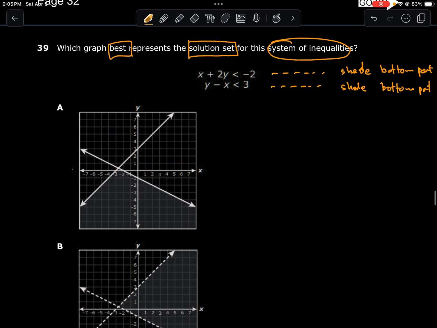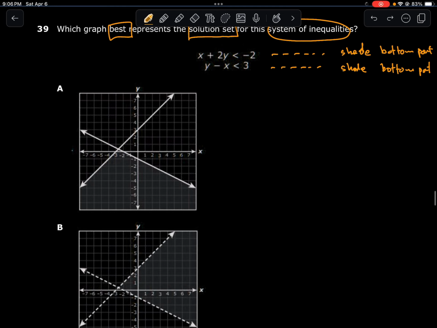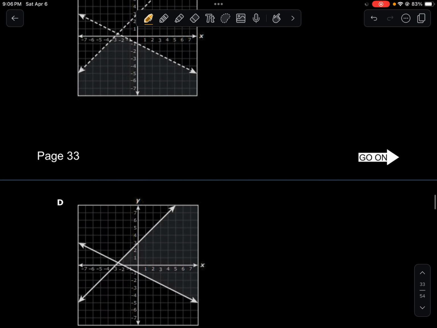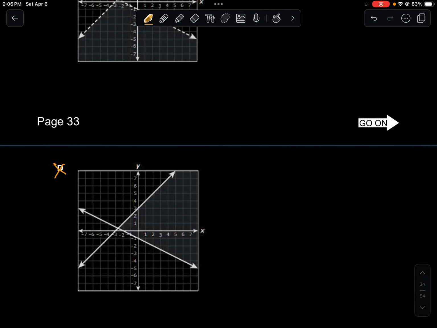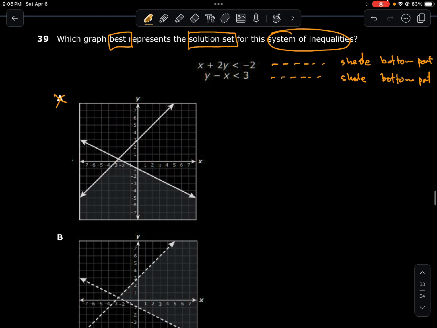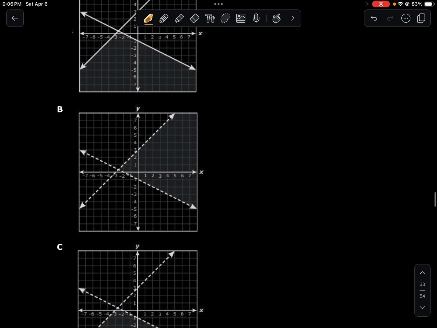Alright, let's start with the dashed lines. Which one has both dashed lines in the graph? It's not the first one, and it's not the last one. So I'm between those two. Now I'm going to shade the bottom part, meaning below the dotted lines.